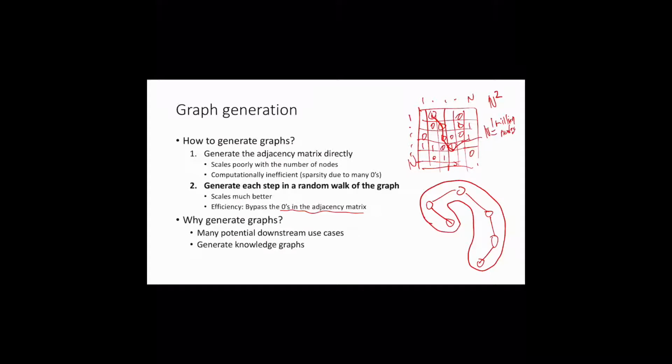So why generate graphs? Well, there are many potential downstream use cases for graph generation. For example, in text data, you could generate knowledge graphs from a paragraph of natural language text, and then use that as the input to maybe a graph encoder that will learn the representation of the graph input.